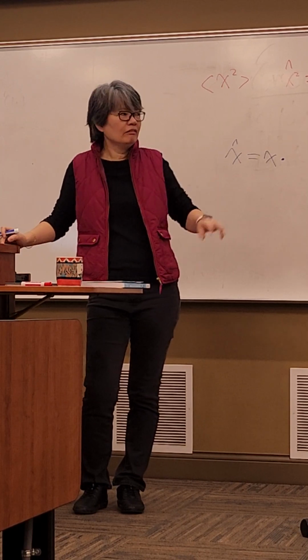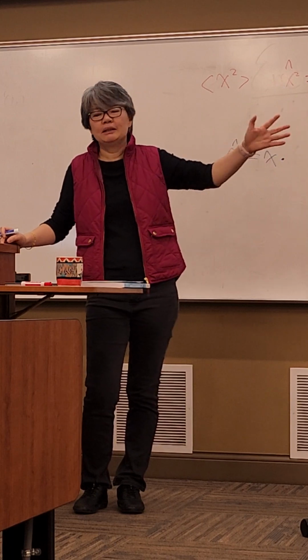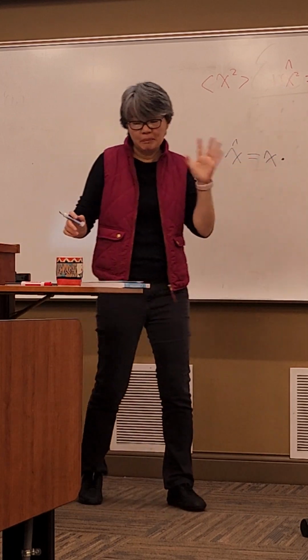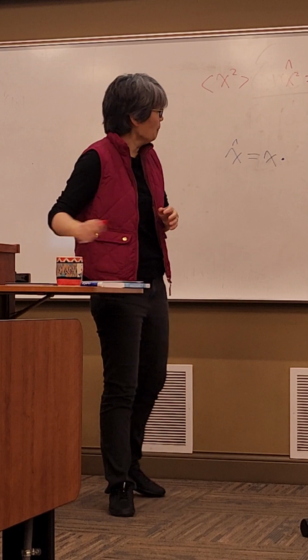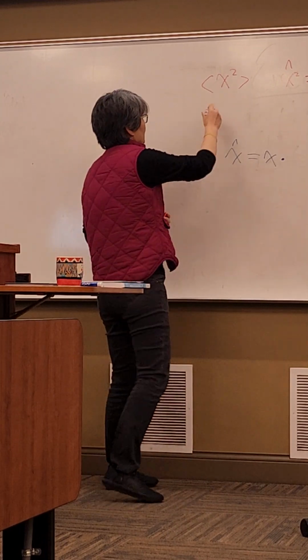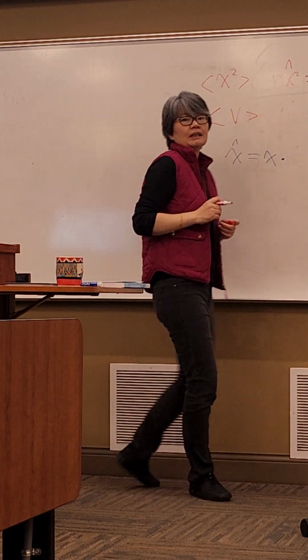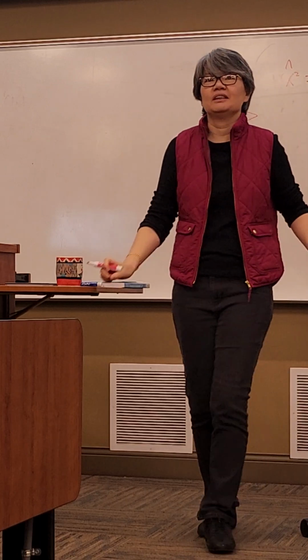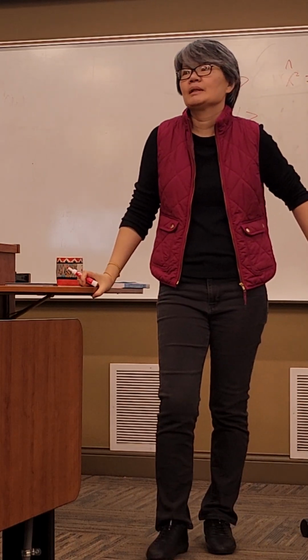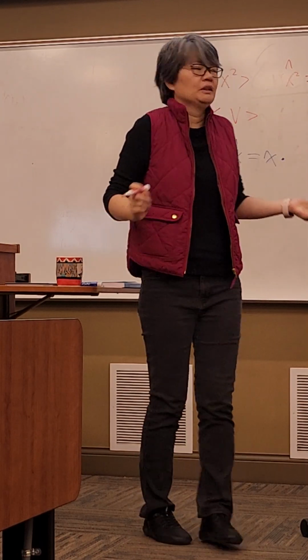Okay, now what if I forgot about this theorem? If I don't know this theorem, how am I going to calculate the expectation value for the potential energy? I'll do the same.